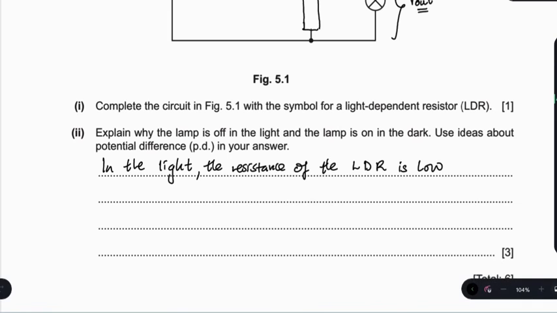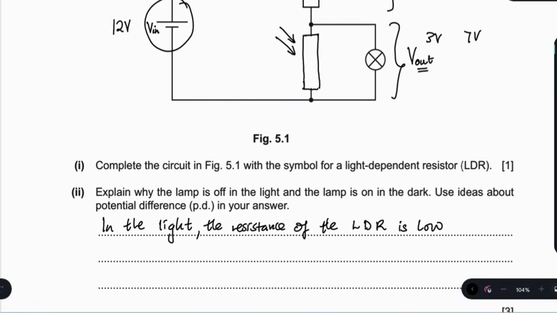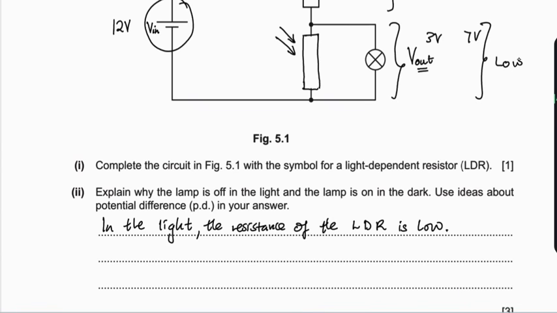According to the principles of a potential divider circuit, once we have low resistance across this region, we're going to have low voltage in that region. So that means the low voltage probably is not good enough to switch on the bulb.